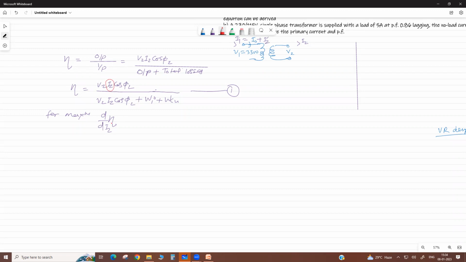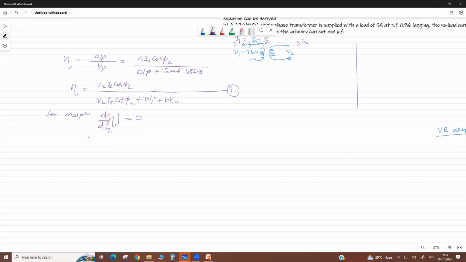So we differentiate this efficiency with respect to I2, the load current, and set it equal to 0.